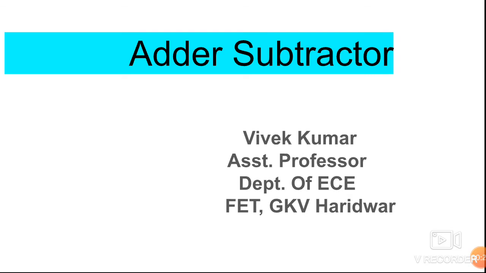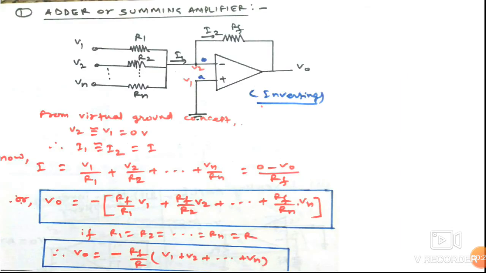Today we are going to discuss adder subtractor circuit using operational amplifier. This is the circuit of adder using operational amplifier. This is also called summing amplifier or summer.